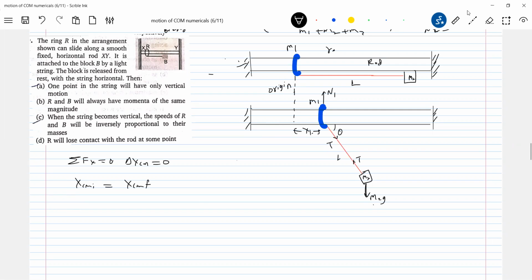So here release it from rest. I'll come to the options later on. So now M1 times 0, and at what distance the block M2 is there? At a distance L from the ring initially. So M1 plus M2. Finally, M1 x1 plus M2 L cos theta.